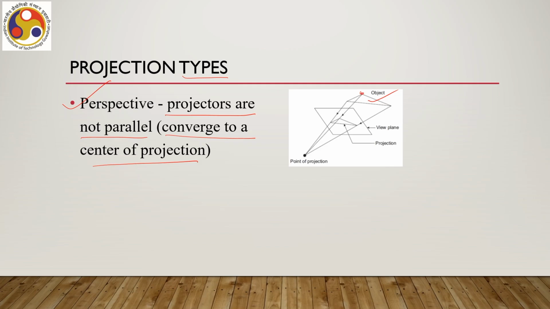Now, if we extend some lines from these vertices of the object, and this is the view plane, they intersect the view plane, and the points where they intersect define the projection of that 3D object on the 2D view plane. In case of perspective projection, those lines tend to meet or converge at a distance, that is called the center of projection or point of projection.